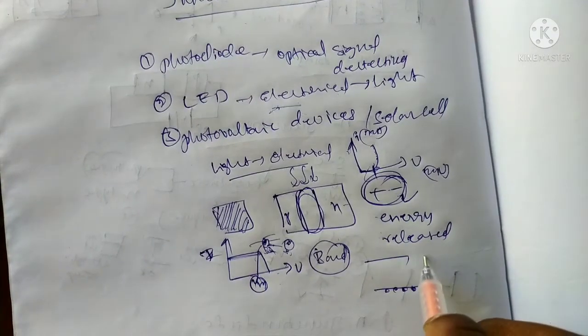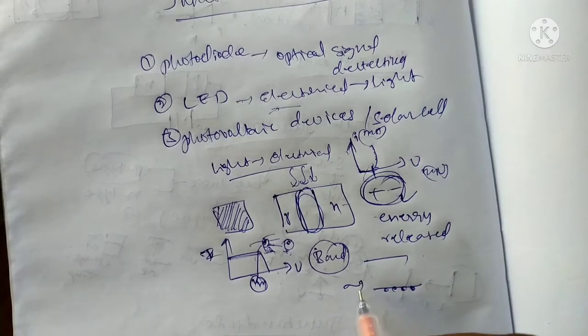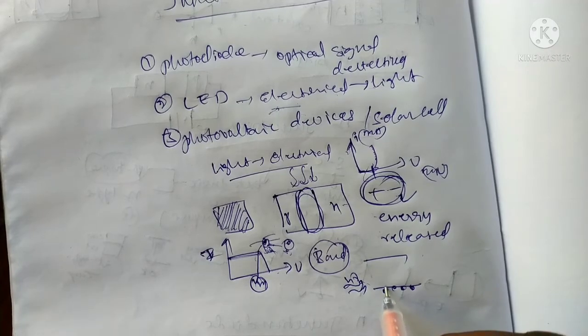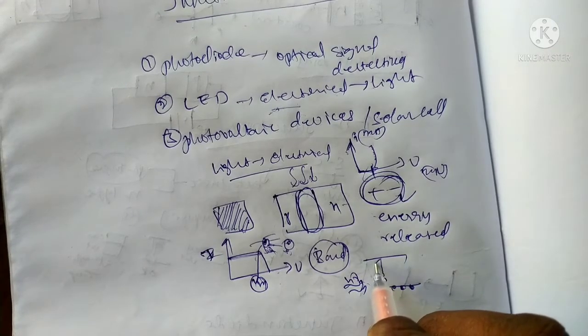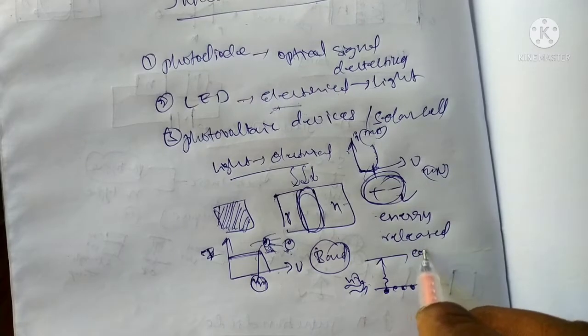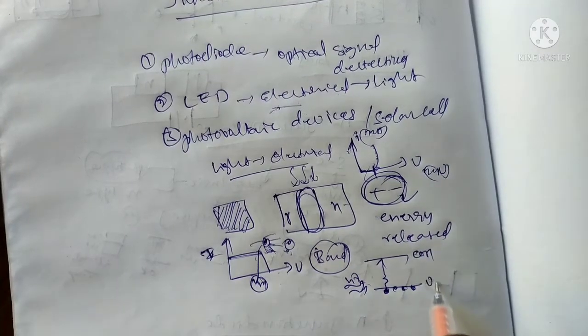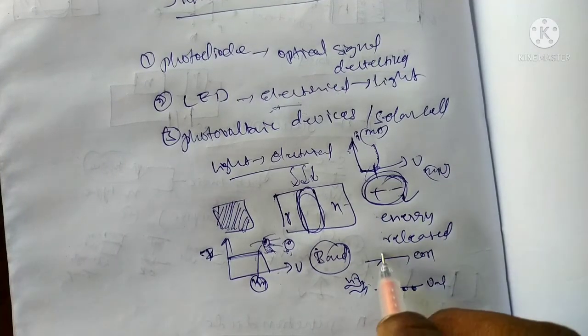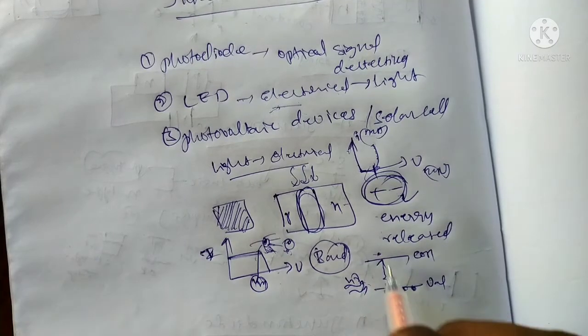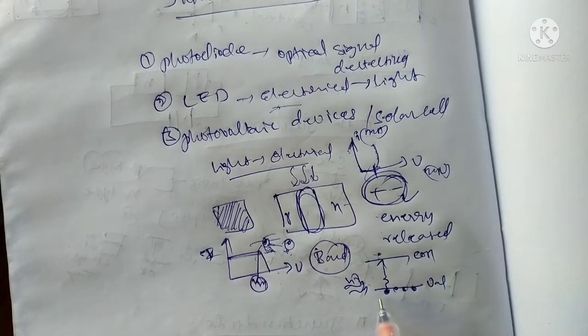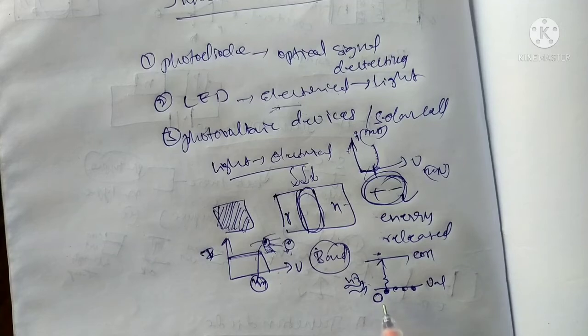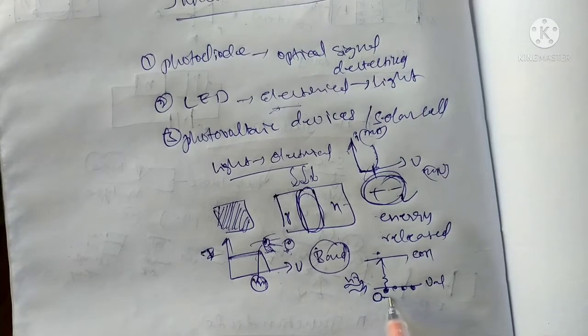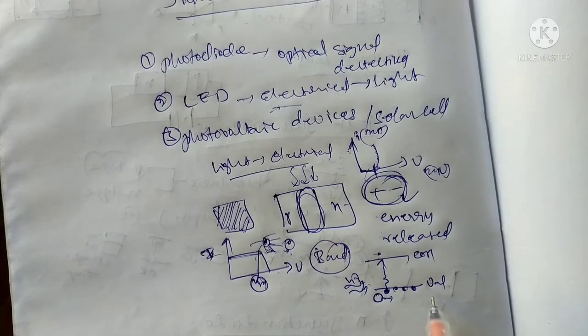When photon energy falls on the valence band, the electrons absorb the energy and go to the conduction band. When electrons go to the conduction band, a vacancy is created, that is, a hole is created in the valence band.